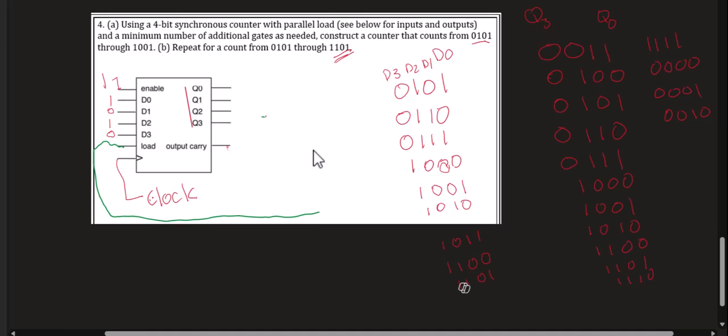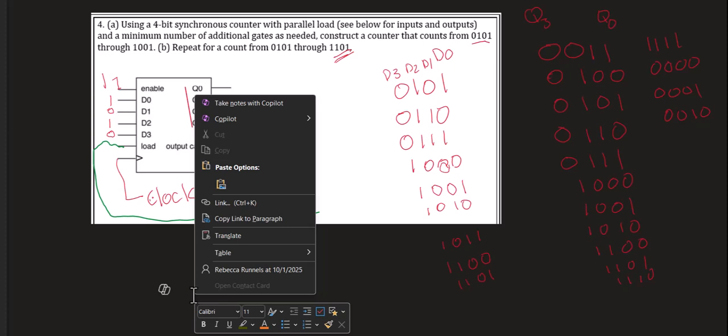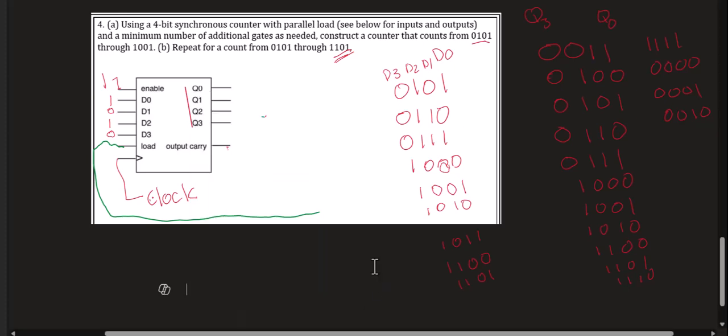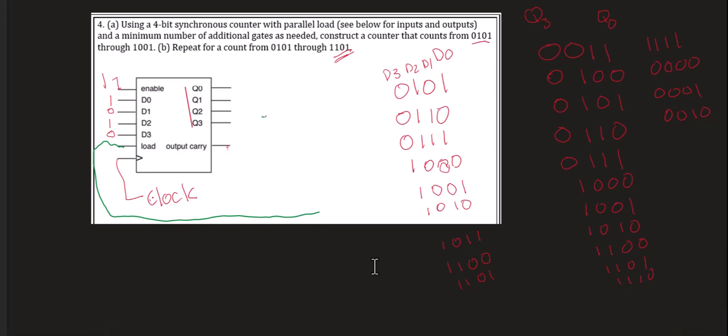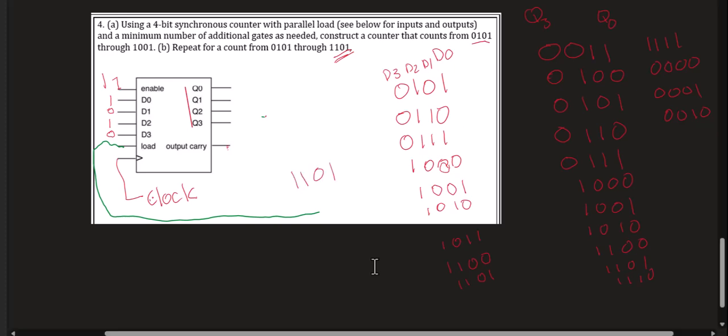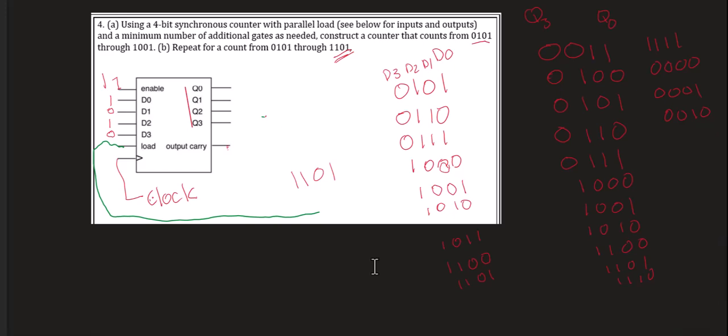Okay, so how are we going to get this one to stop at 1101? You do the same thing, you put a NOT gate on Q1. But remember, these are in reverse order.